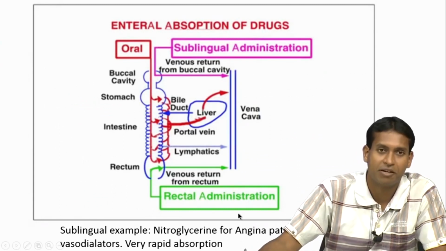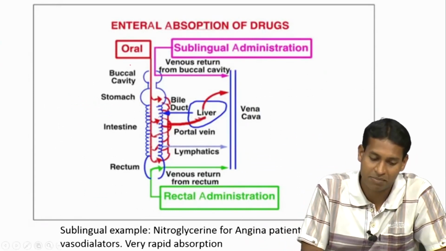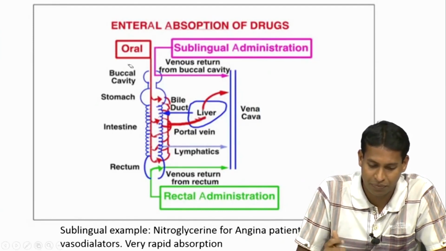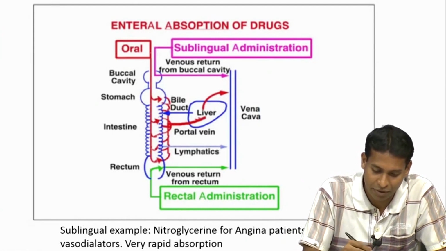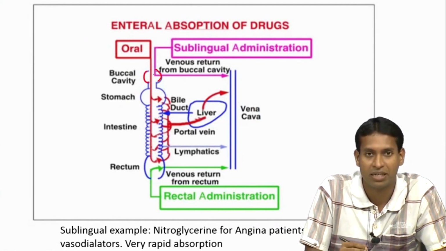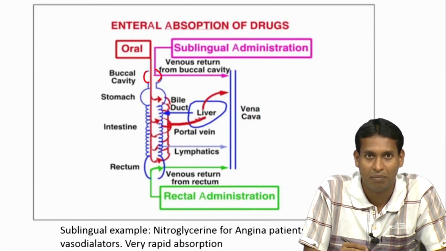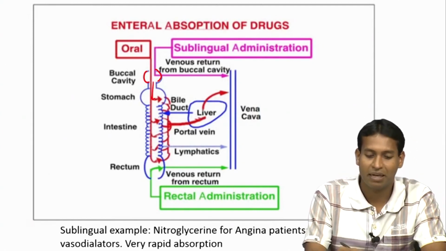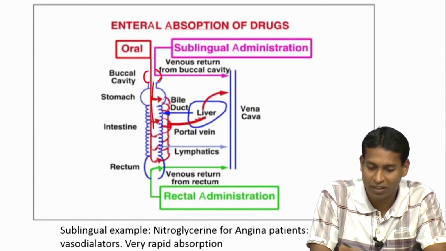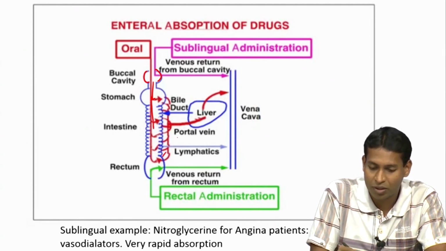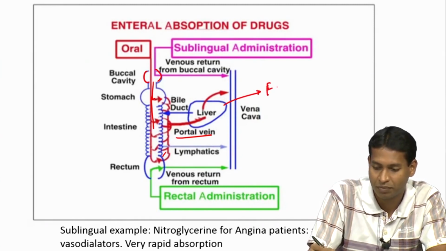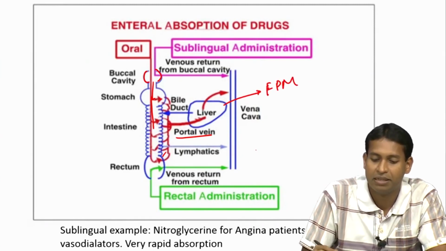So, here is how it avoids first pass metabolism. If we look at the oral route, when you eat something, there is obviously the buccal cavity, which I said is right under the tongue, but you directly take the things to the stomach. Once it is in the stomach and then goes to the intestine, all of that goes through the portal vein to the liver, where the first pass metabolism happens.